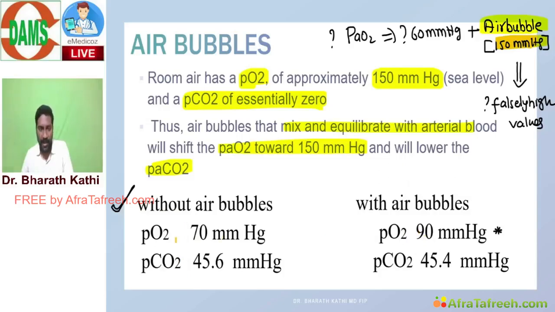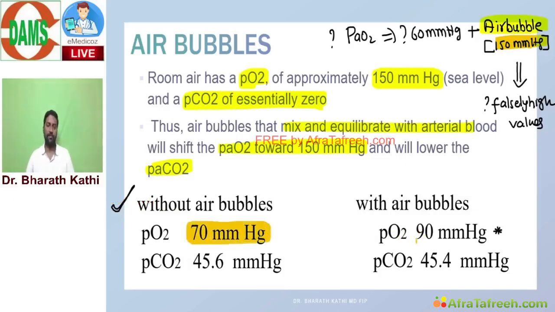Without air bubble, the actual PaO2 of the patient is 70 mmHg. Because my intern sent the sample with air bubbles, it was given as 90 mmHg, because the air bubble's oxygen has added to this oxygen.